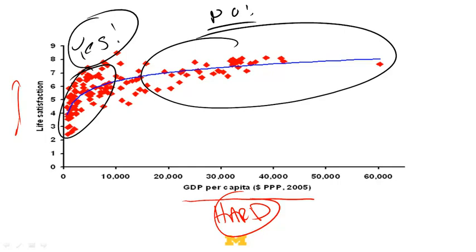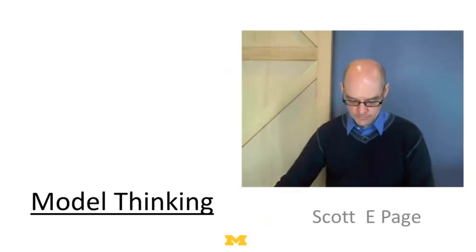Getting from 30,000 to 60,000, maybe that doesn't matter that much. So lifting people out of poverty clearly makes them happier. That's one reason to focus on GDP. Now, once you're making $100,000 a year, it may not make you any happier to make $120,000 a year. What we get is, does growth make you happy, at least according to survey data? Yes, if you're lifting poor people up. No, if you're making rich people richer.